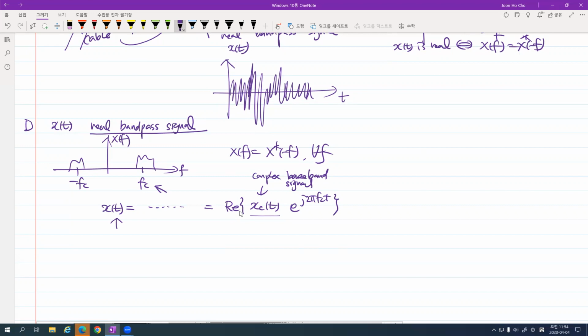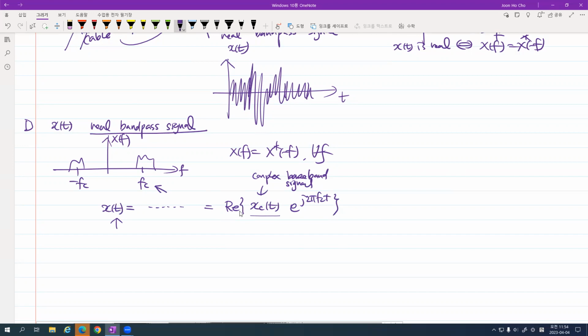So what does that mean? Given x of t, if you choose a different fc, you have a different xc of t. Sometimes if you put some theta here, then it has a derotating theta there. Got it? To prove this one is not that difficult, but quite lengthy.